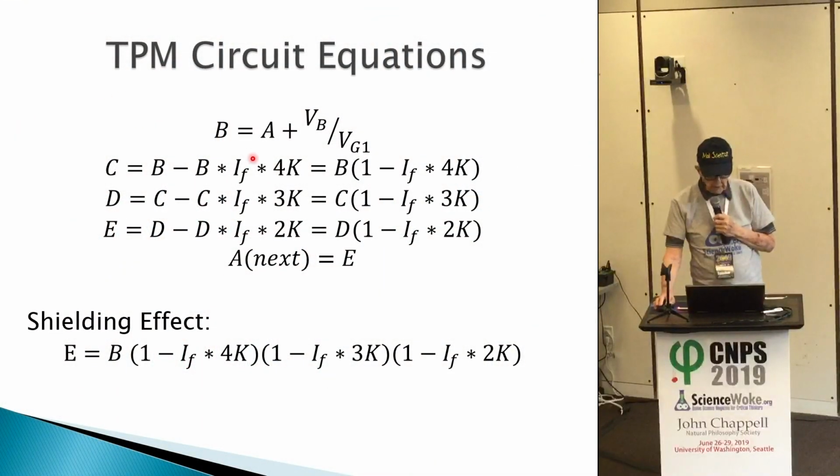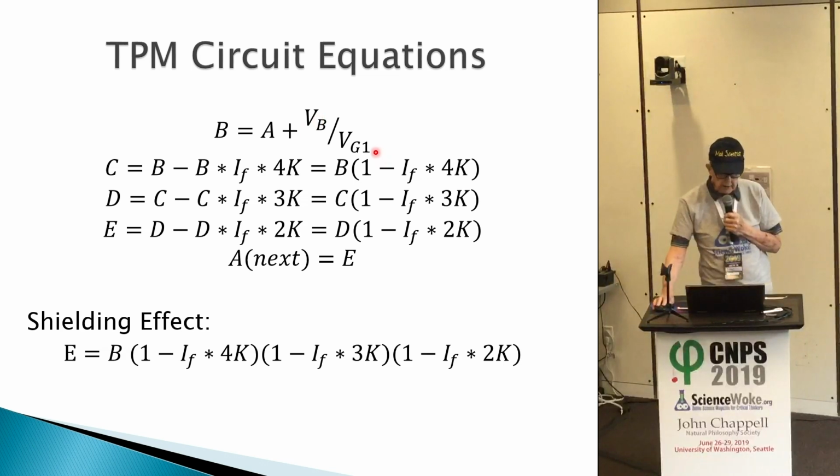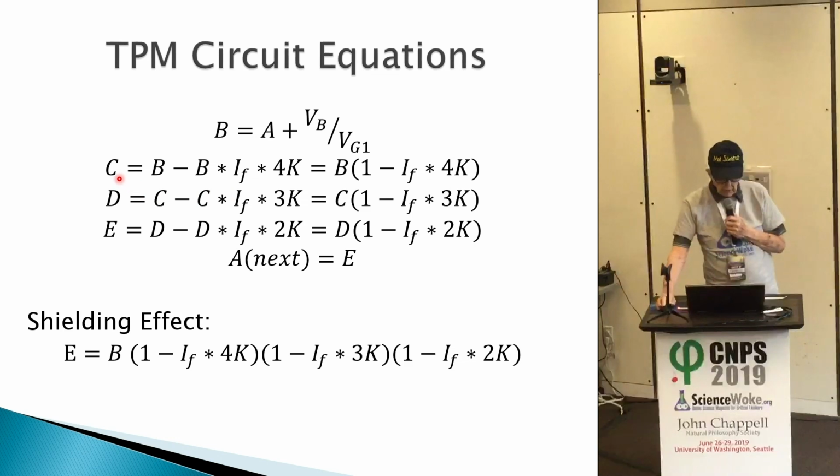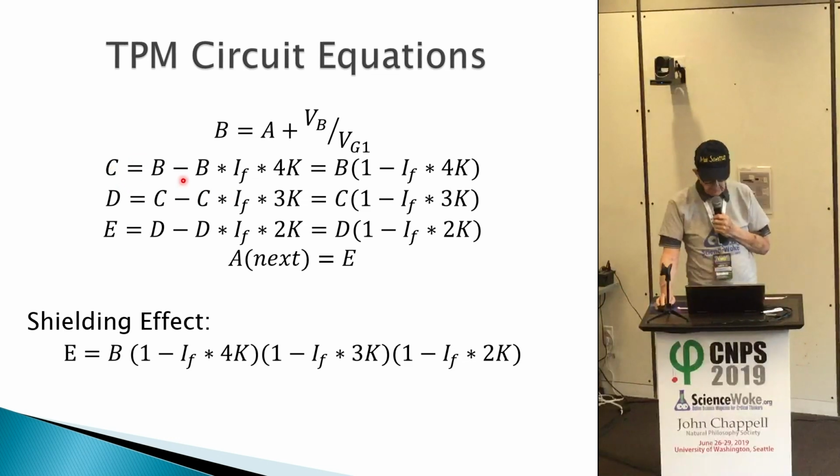I'm just repeating essentially, although it looks more complicated, but it's simply algebra. This is only algebra. The output of the battery B is equal to the input times the voltage of the battery divided by the volts per G1. The output of the 4K resistor is equal to its input minus its loss.